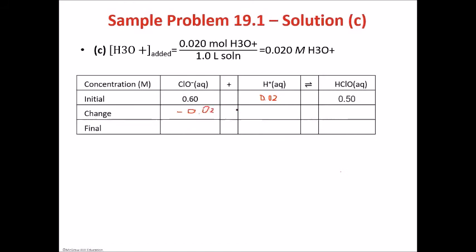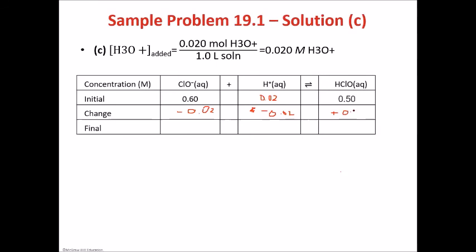So for H plus, it consumes all 0.02. And then for the HClO, because the reaction produces it, it has a net positive 0.02.